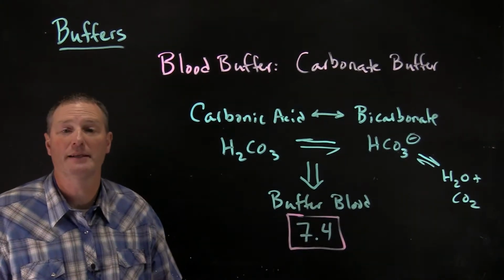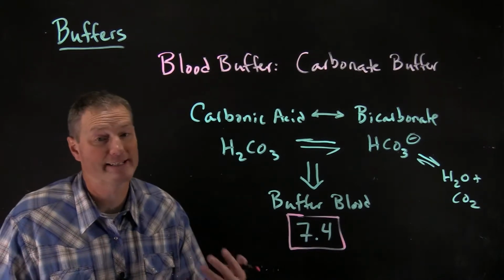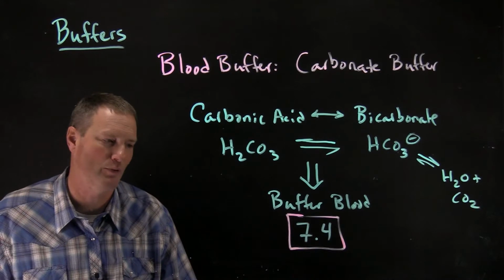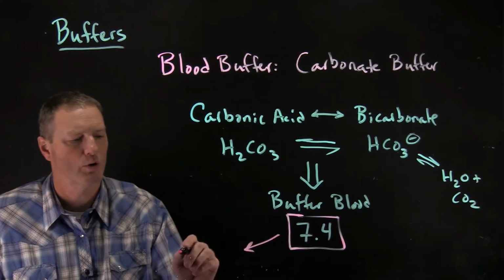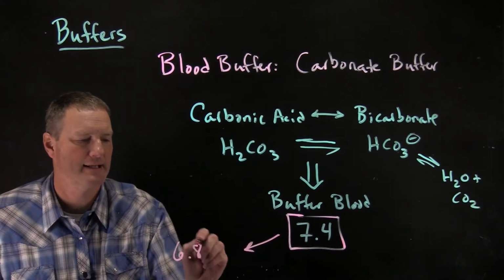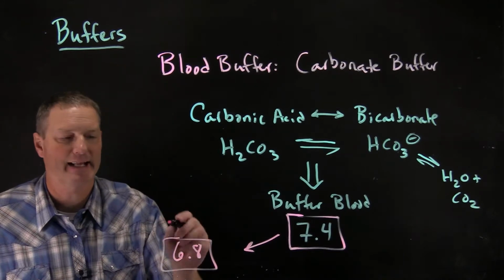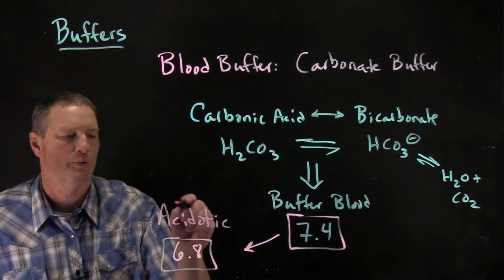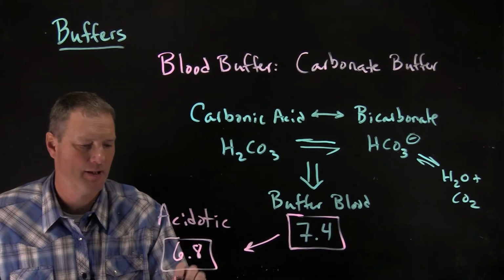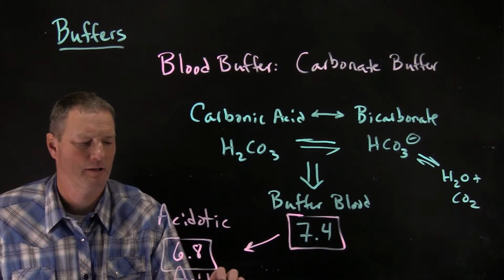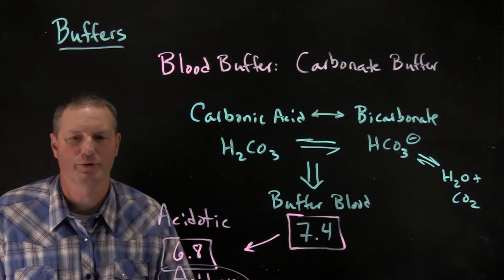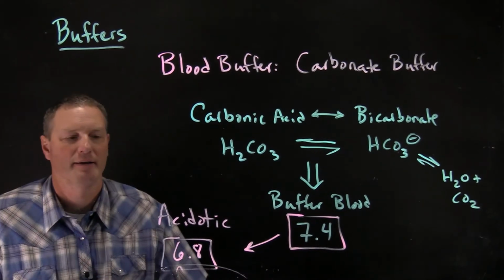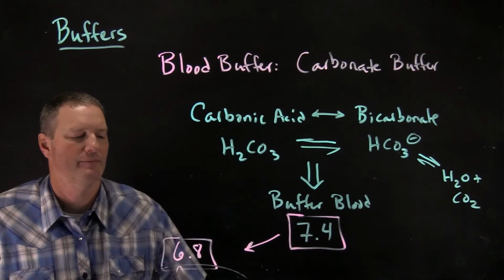Now, if the blood pH happens to become more acidic, so if this buffer shifts more towards the carbonic acid form, so down around 6.8, this is called an acidotic state, or acidosis is what it's often referred to in the medical realm. Oop, that came off the screen. Let me write that over here.